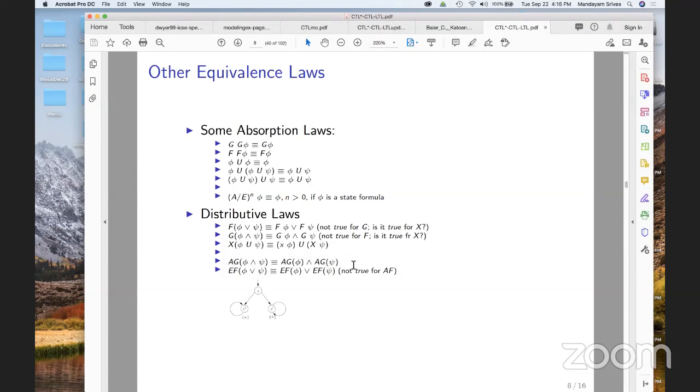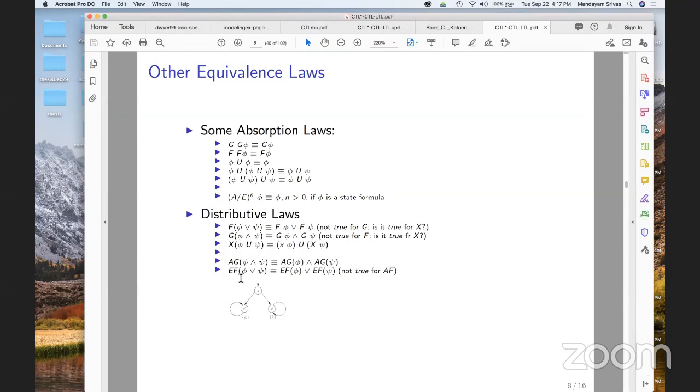Can anyone guess or explain why? Left side says that there has to be one path where both phi and psi hold for every state in that path. While the right side says that there can be two different paths, where in one path phi holds and in another path psi holds. Exactly right. So it can be true on two different paths, whereas if it's replaced by E, then it has to be the same path.